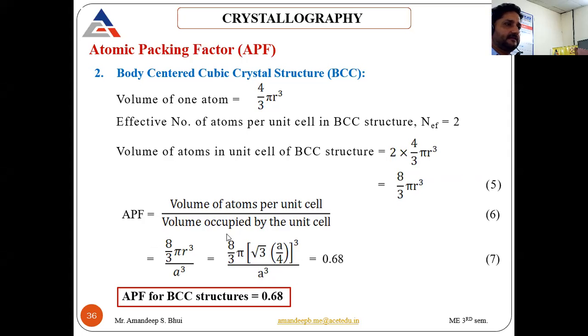If we evaluate this, we will get the value of APF equals 0.68. So this means the APF for a BCC structure is 0.68. That is 68% of the volume of the BCC structure unit cell is occupied by the atoms, and the remaining 32% is empty space inside the BCC structure.